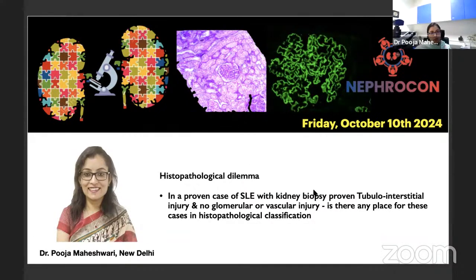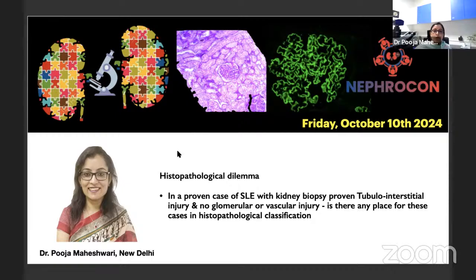Yeah. So in my practice, biopsies showing only tubulointerstitial lesions are really rare. You can say that it is between 2 to 5% of all SLE cases. But definitely we should mention them, and this is more common in other autoimmune diseases, like Sjogren's disease and scleroderma.